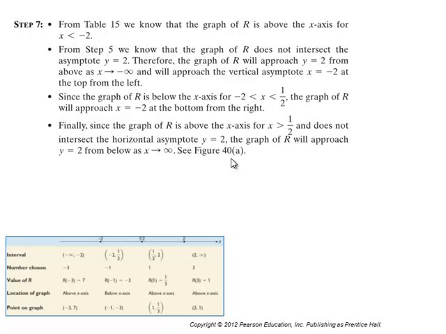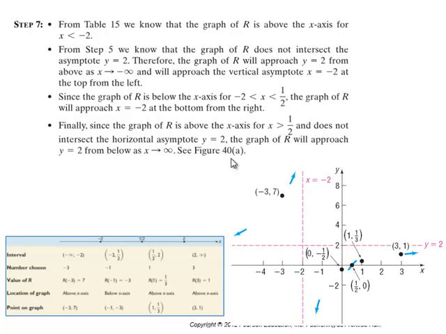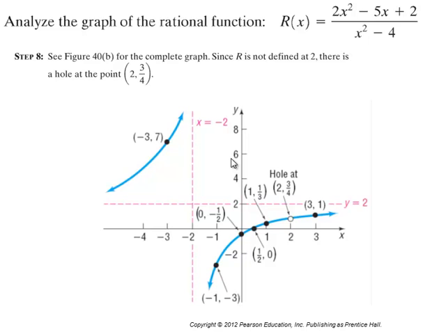After you've already gone through the analysis using all those steps, the only difference between those two graphs is that the graph of r of x is going to be missing a point at 2. So you're going to want to make sure that when you sketch this by hand, you annotate that hole at x equals 2. Okay?